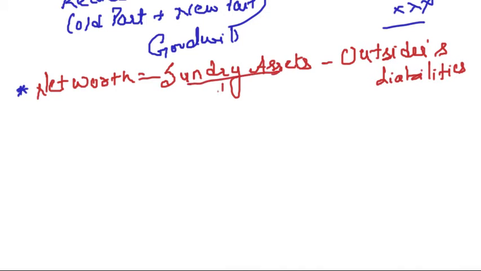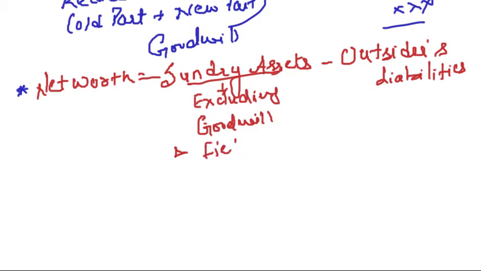This sundry assets is excluding goodwill and fictitious assets. Fictitious assets means the assets which do not actually exist, like advertisement expenditure.